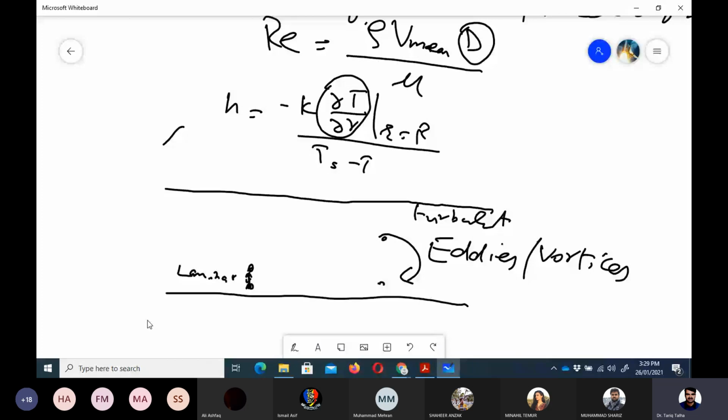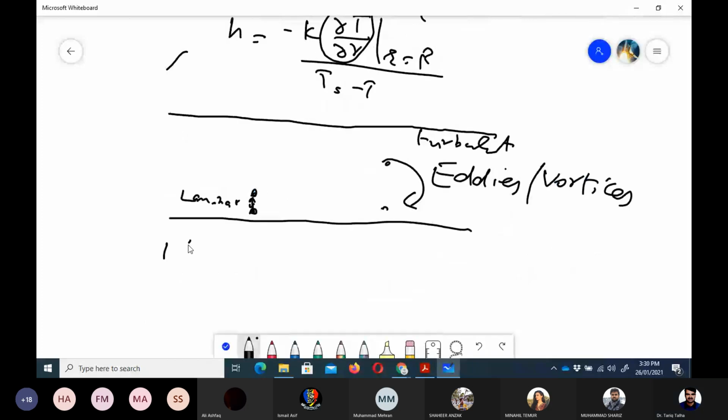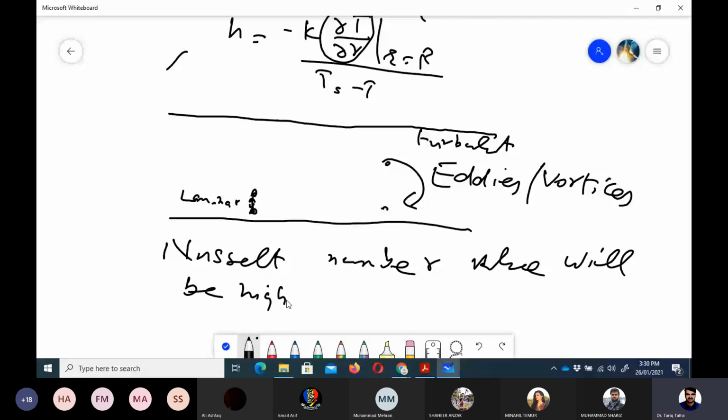So we can write that the Nusselt number value will be higher in turbulent flow. Right, so we all know that.